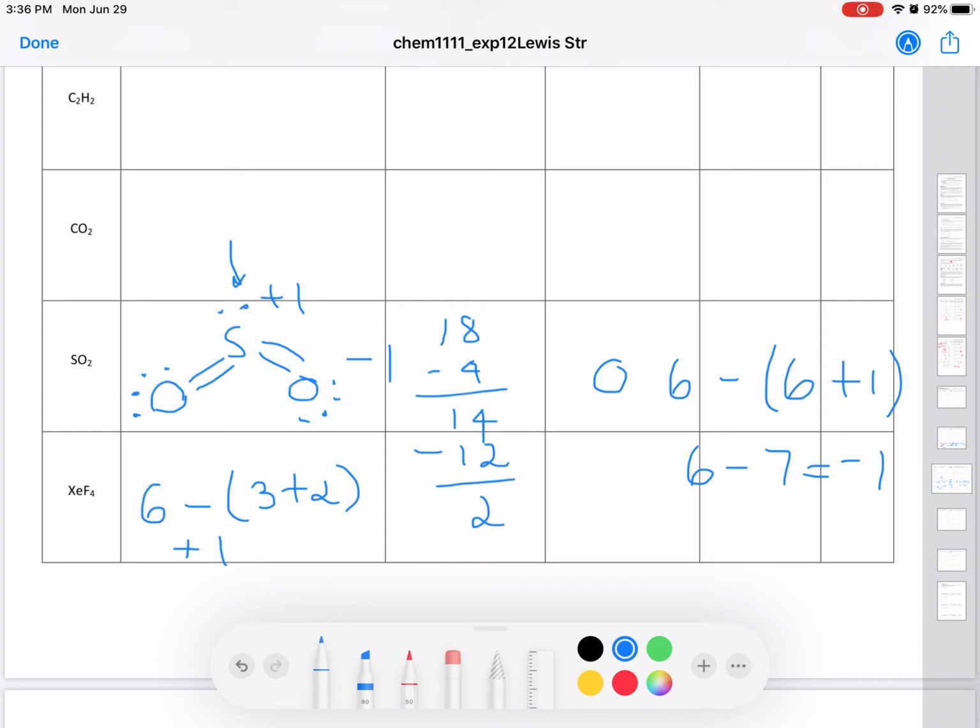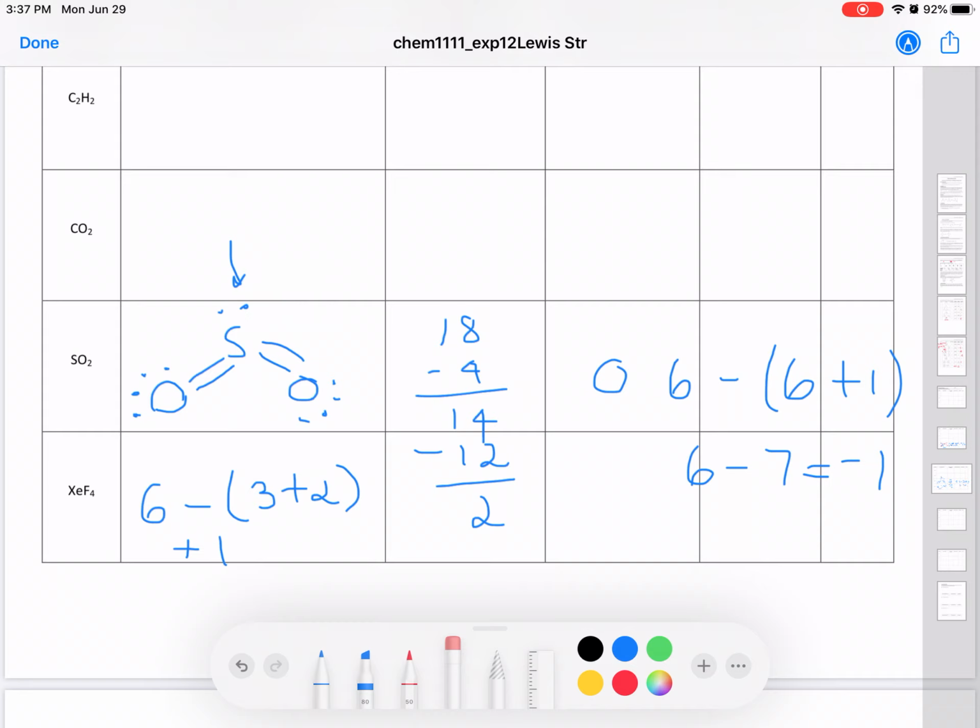Now after you do that, let's calculate the formal charges. Now oxygen group number is 6. Now it has 4 electrons and 2 bonds. 6 minus 6, 0. And then the sulfur group number 6, it has 2 electrons and 4 bonds. So 6 minus 6, 0.